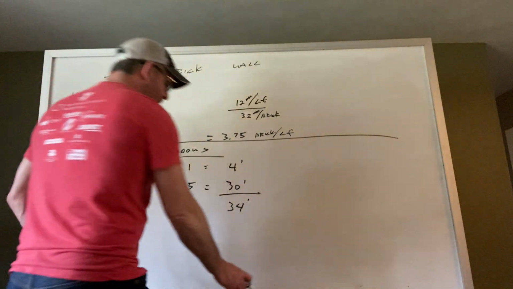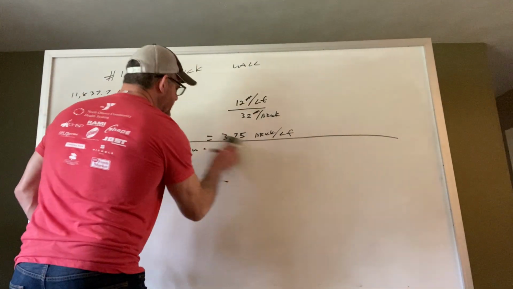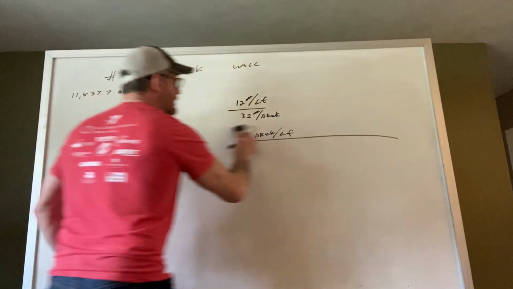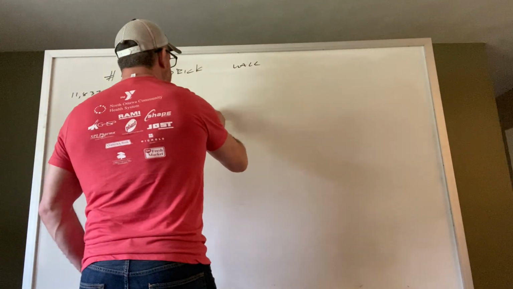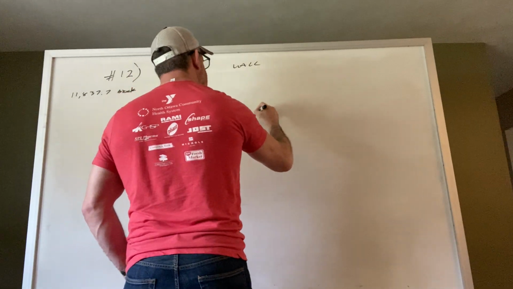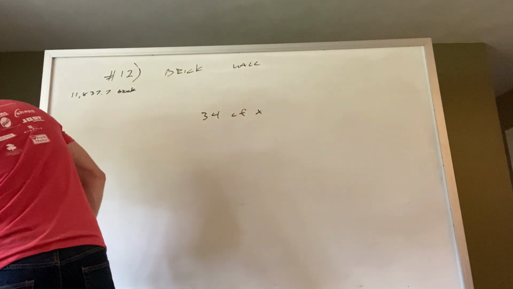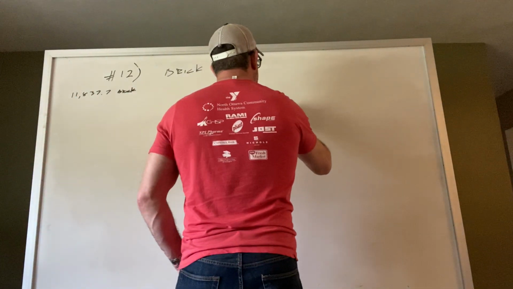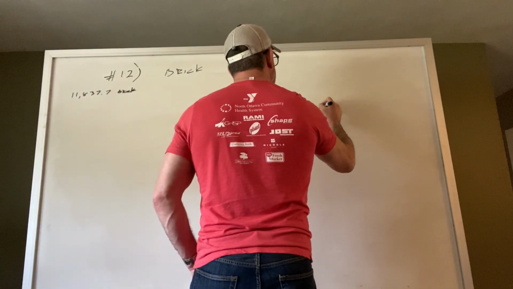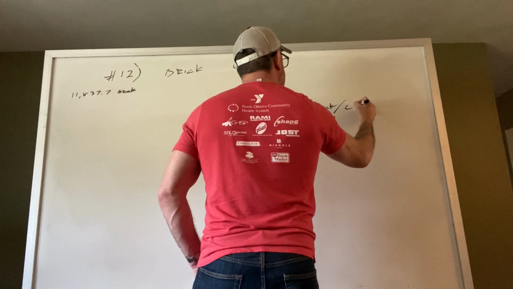So now I can simply say 34 lineal feet times, what was it? Just solve for it, paying attention, times 3.75 brick per lineal foot.